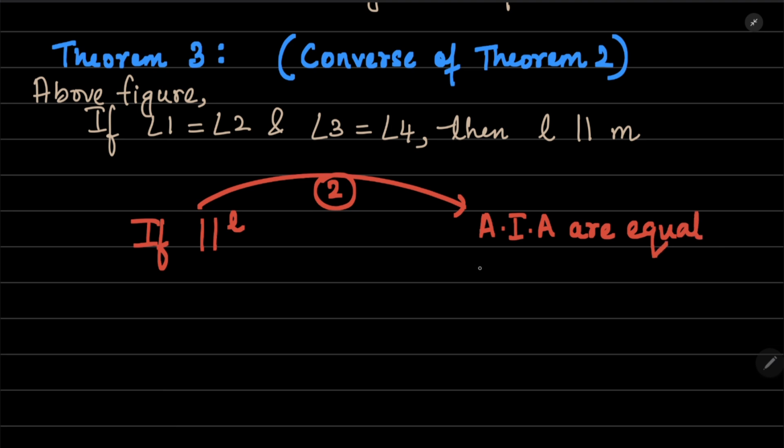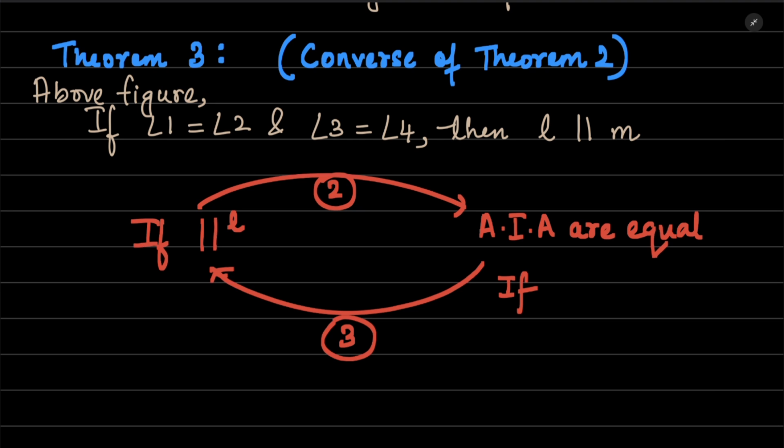And if alternate interior angles are equal, then lines are parallel. So this is your theorem number 3. This is something which you have to remember.